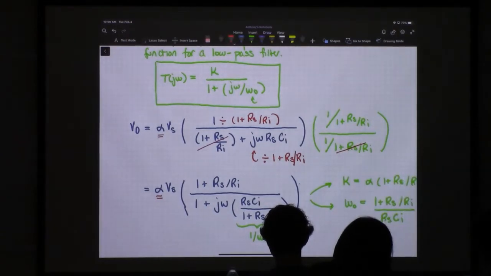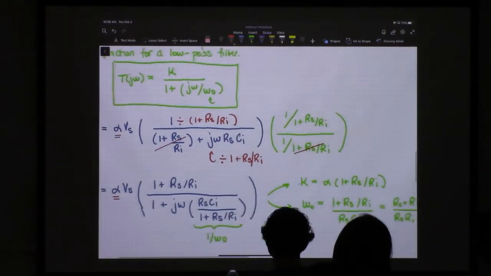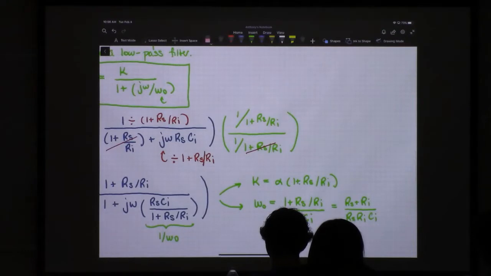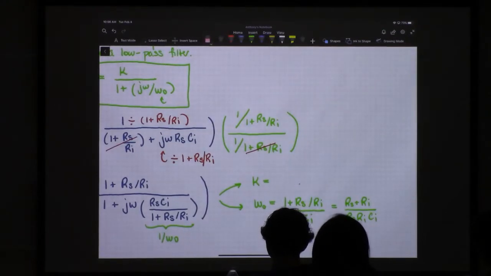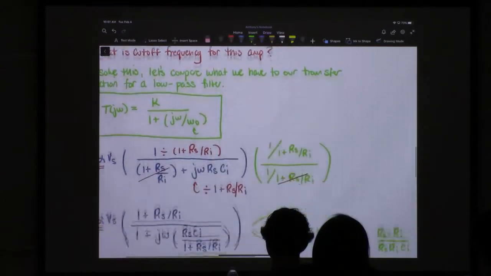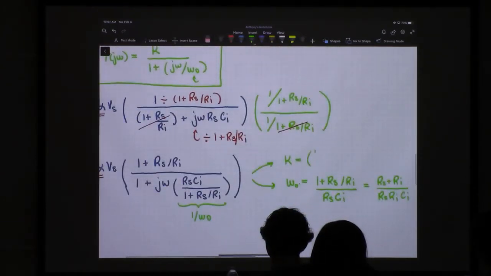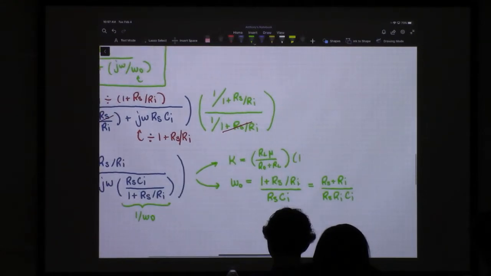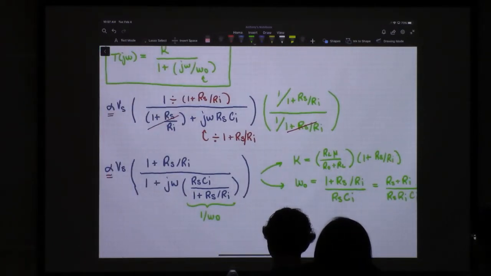So let's take a look at what we have. I am going to put alpha back in. So that means that k will be RL mu over RO plus RL times 1 plus, so now our alpha's back.